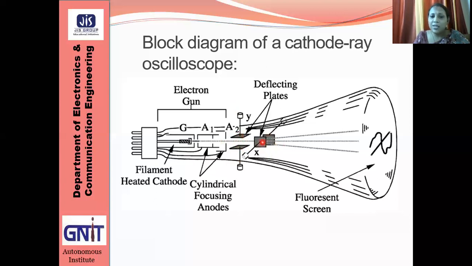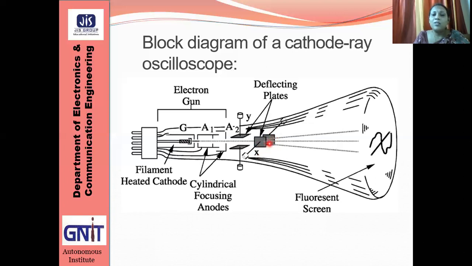But in this case, with the X plate, when the electron beam is passing through it, what is happening? If we connect an electric potential here, the electron will experience a force while passing through these plates, and it will move left and right. So as a whole, the movement of the electrons is horizontal.